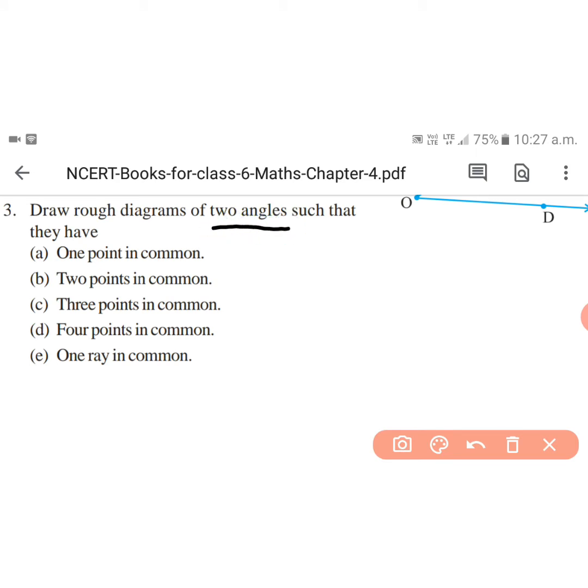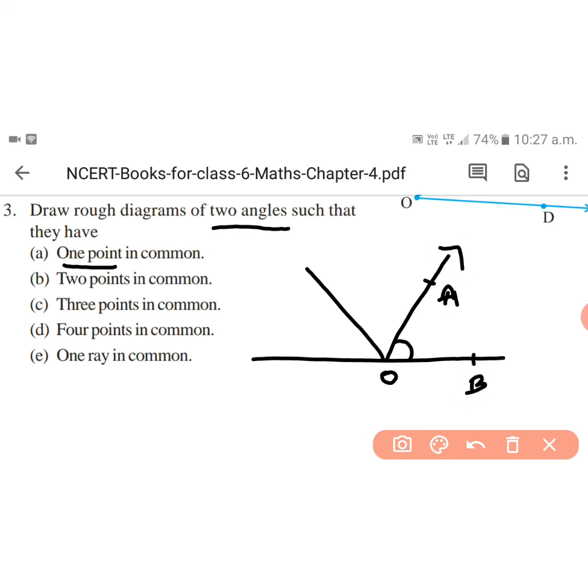So, this is the common point O. A, B. The 2 angles are angle AOB and angle COD.